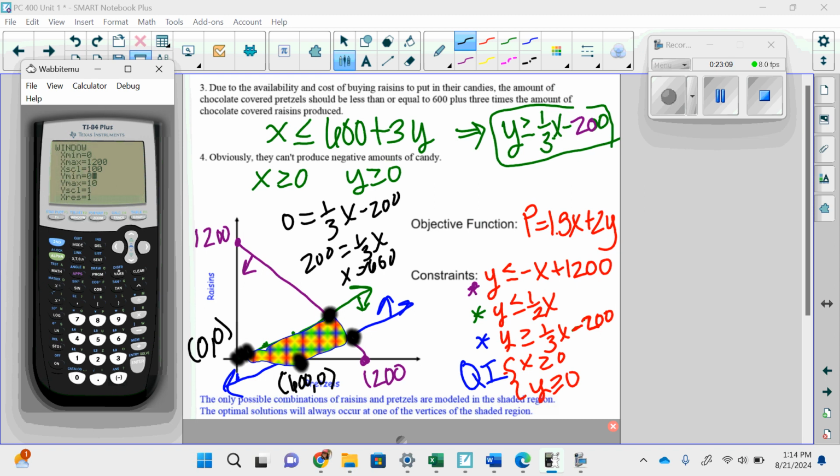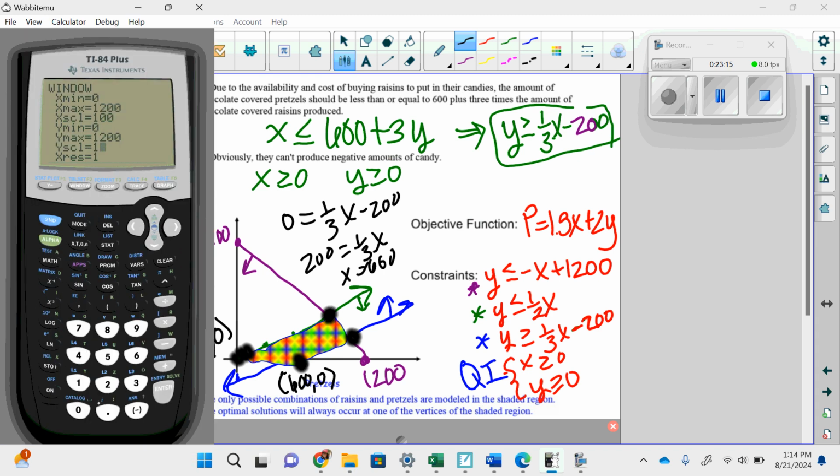And our y is same thing, 0 to 1,200. Scale by 100. And now I'm going to hit graph, and let's see. So there's that first one, there's that second one, and there is that third one. So I am looking for these two intersections here.